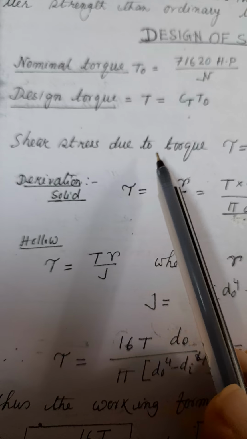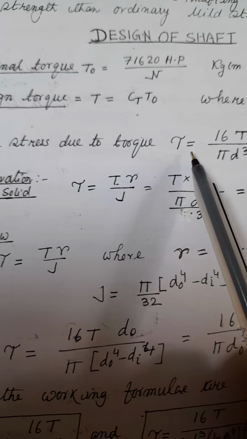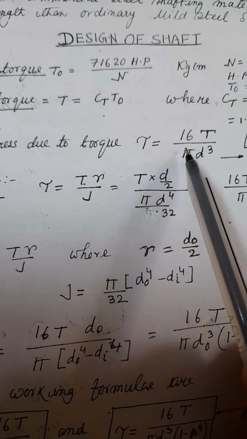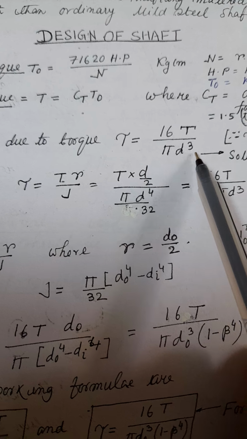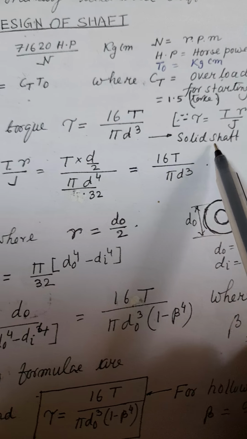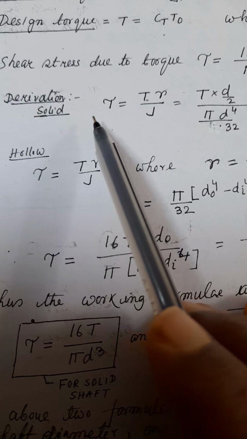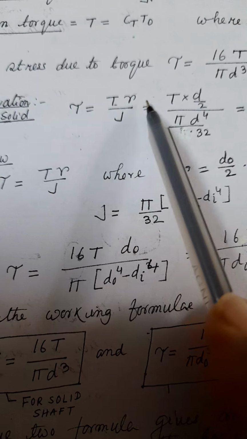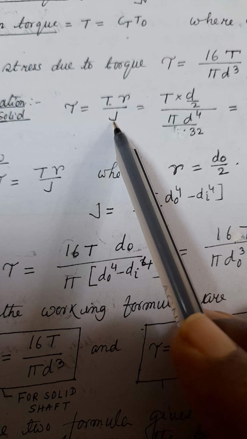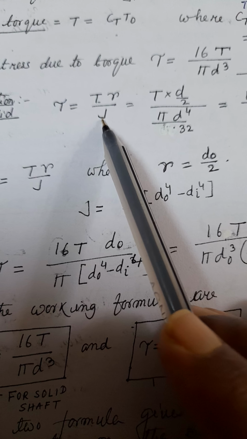Shear stress due to torque, tau is equal to 16T by pi d cubed for solid shaft. How it is coming, let us derive it. Derivation for solid shaft: tau is equal to Tr by J, J is the polar moment of inertia.